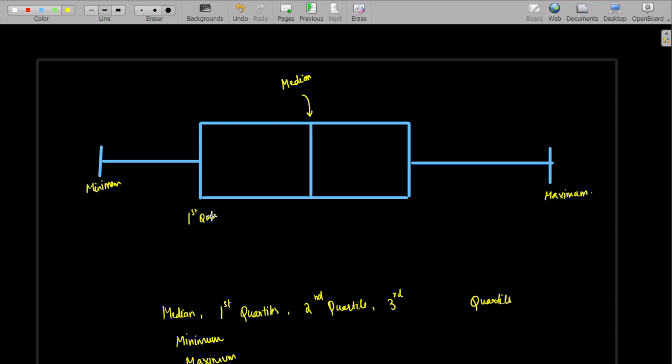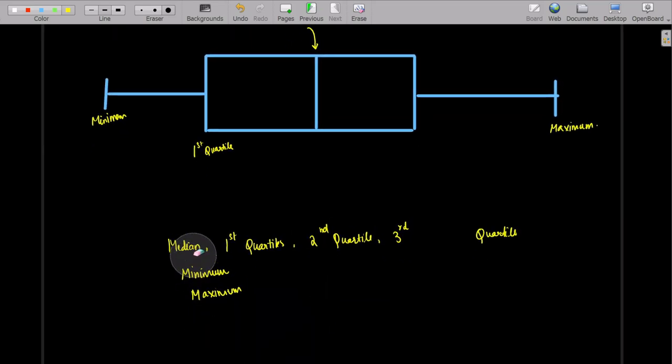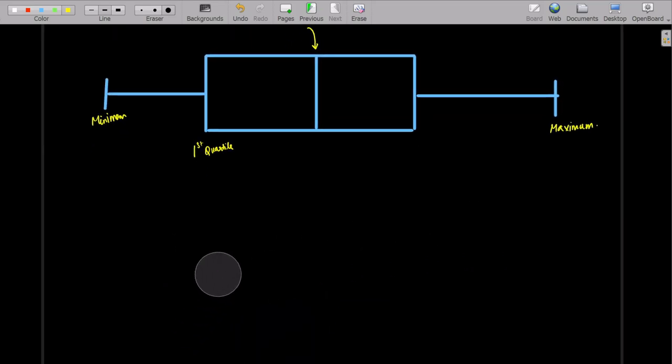Now the first quartile is that point which divides your data into 25% on the left and 75% on the right. For example, let's say you have these points, Anika. We change the color.